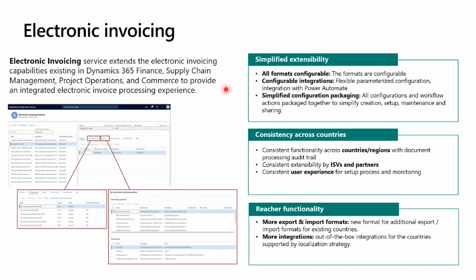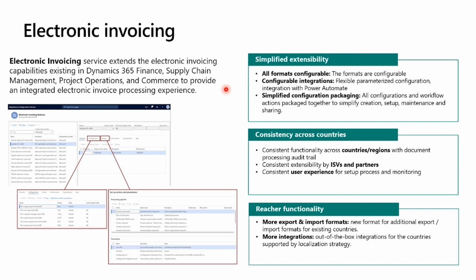I will not talk much about this service because it's covered in other sessions that we provided earlier. But the major advantages of using this service are its simplified extensibility. The functionality is fully configurable. This means that developing a new electronic invoicing integration or customizing an existing one doesn't require coding.